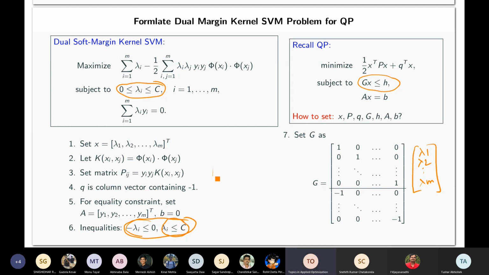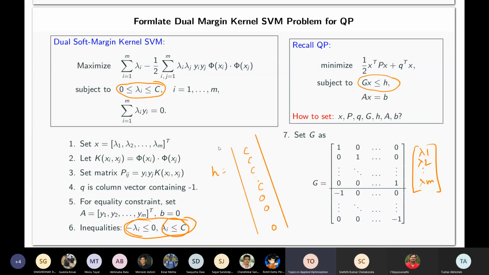So H, what will you choose? H corresponds to Gx, so I believe this will be C, C, C, C, and then these will be 0, 0, 0.